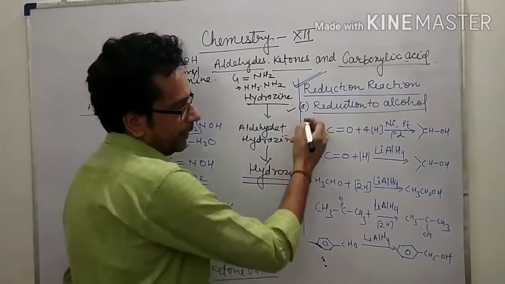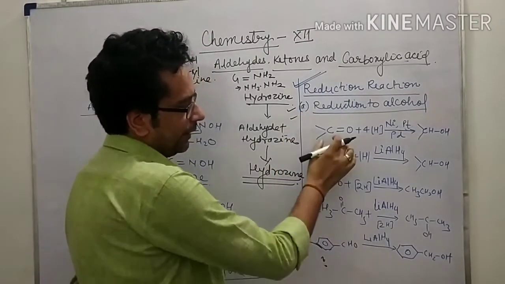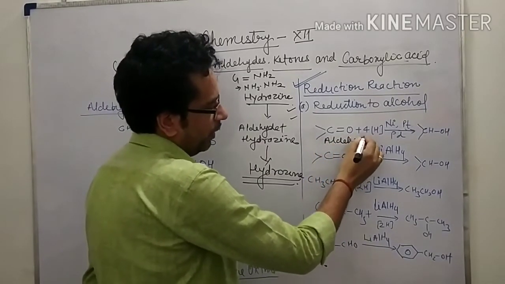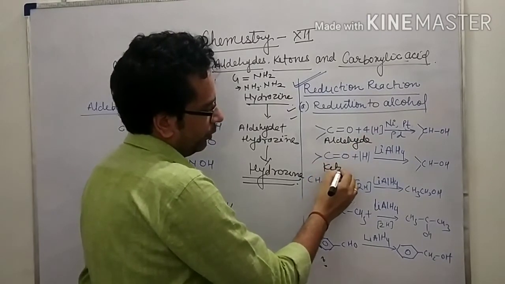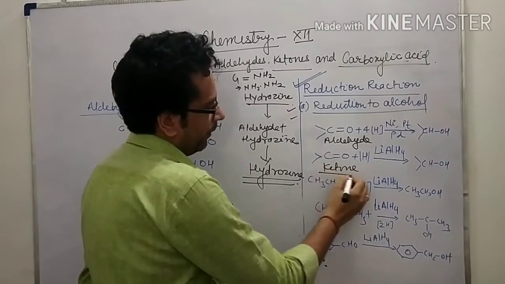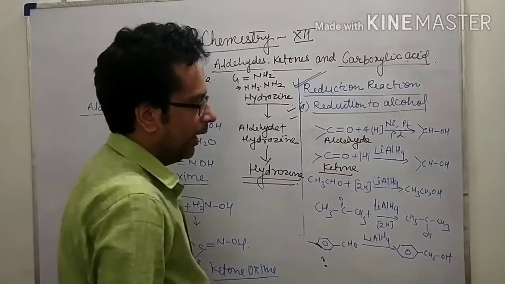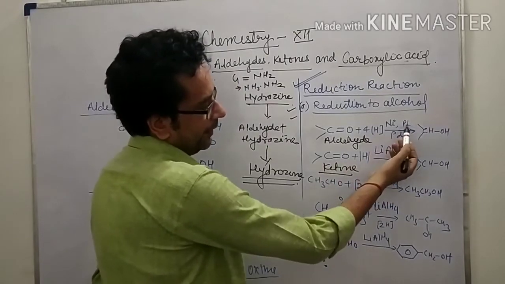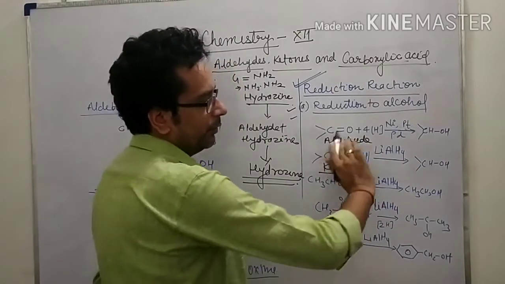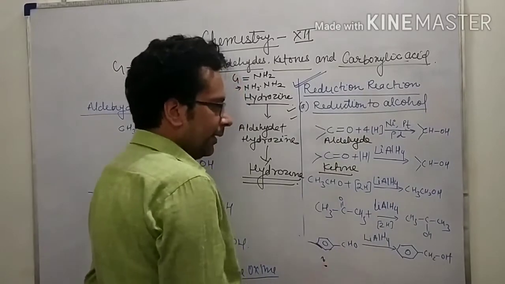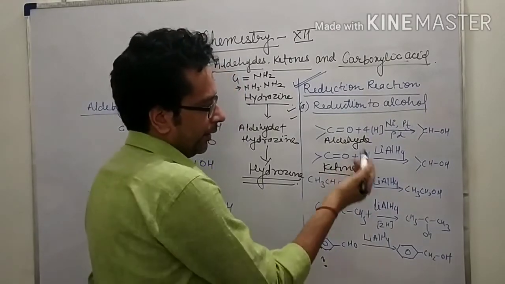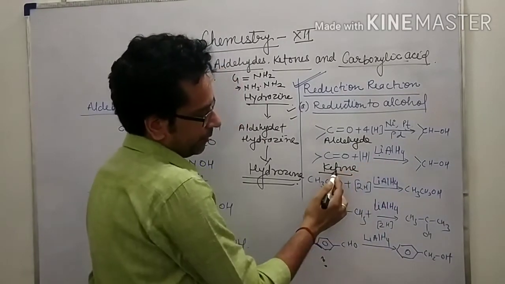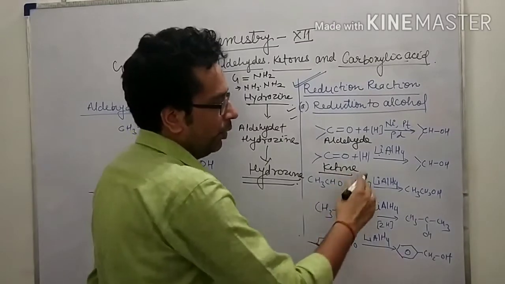Now first, reduction to alcohol. Aldehyde and ketone both are reduced by a catalyst. With catalysts nickel, platinum, palladium, aldehyde is converted into alcohol. Another reducing reagent we use is lithium aluminum hydride. It also reduces aldehydes or ketones into alcohol.